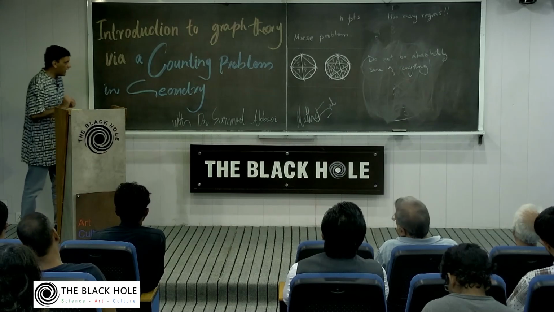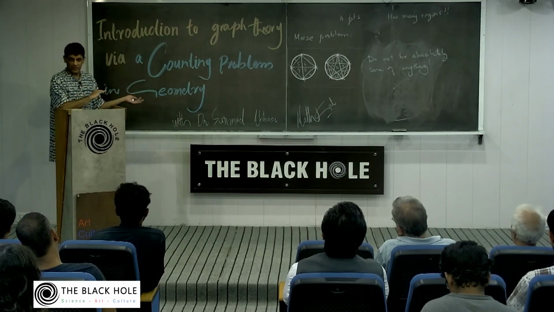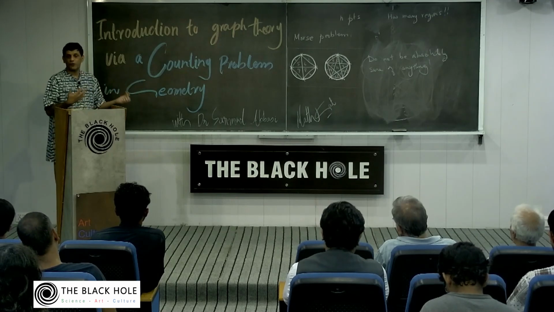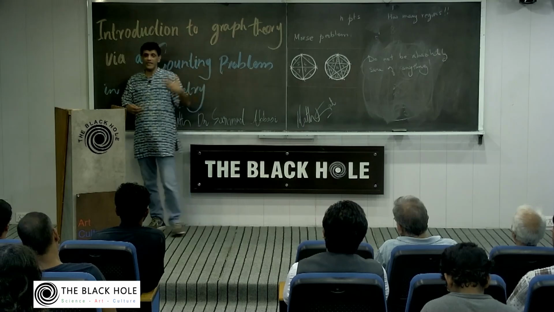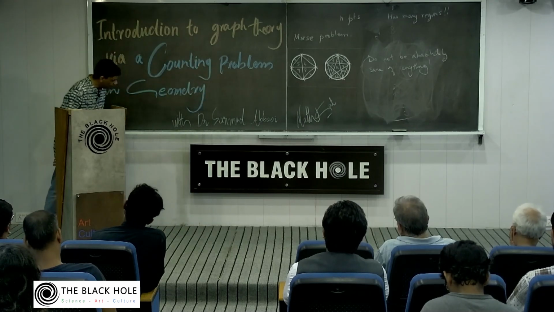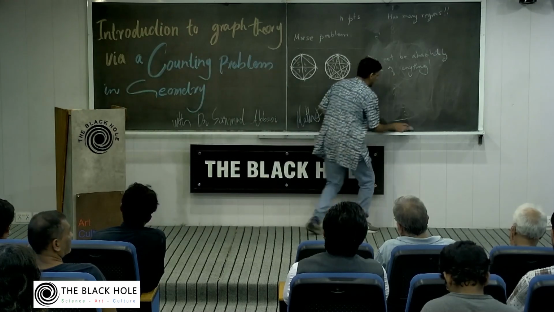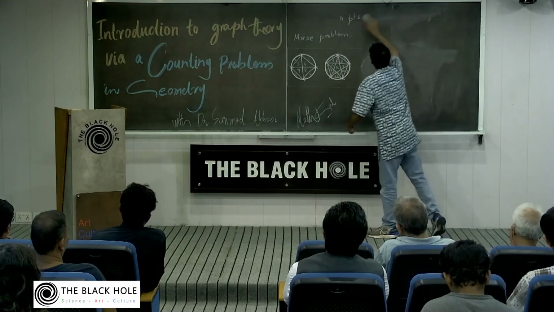All right. So now we are going to solve this problem using graph theory. There are other ways of solving it, and this is probably not the most straightforward way, but we'll learn a lot that way. So let's ask ourselves, what's a graph?